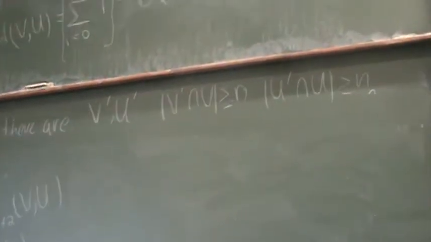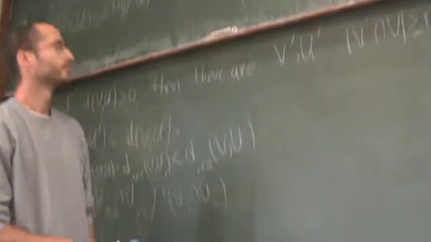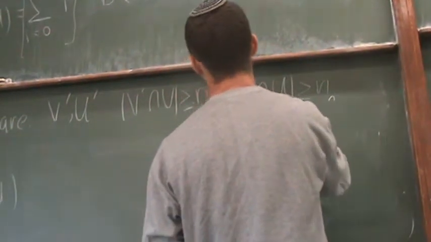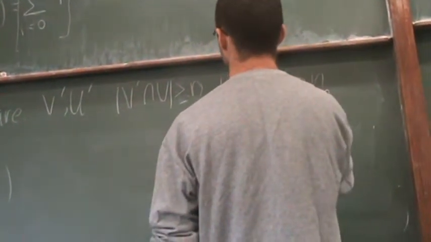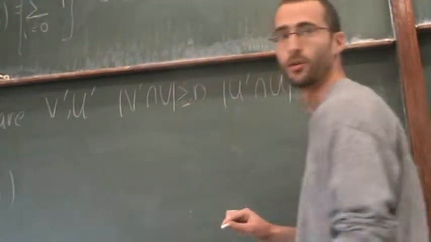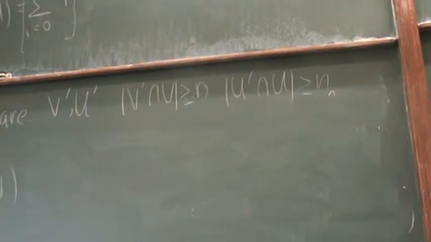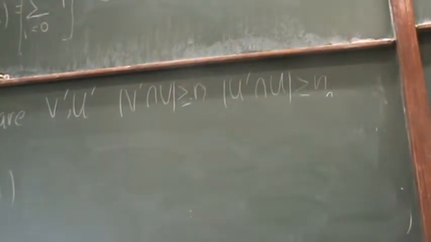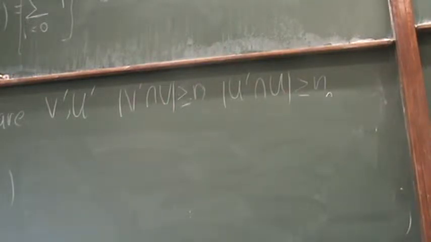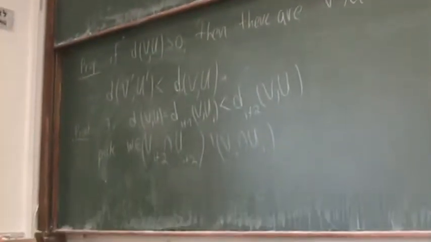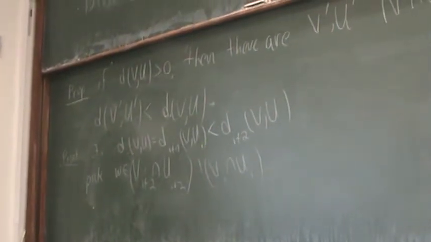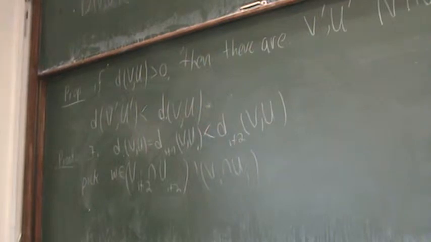I don't understand something. What is V prime intersection V greater than or equal to what? N. What do you mean by that? Did I get that wrong? N minus 1. No, N. Right? So each one of them has n plus 1 members. You think of a flag as including also the two trivial ones. And there you meant capital G, right? Okay.